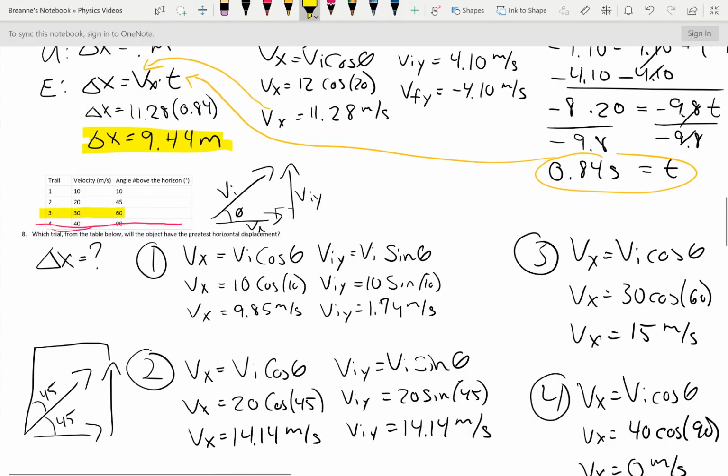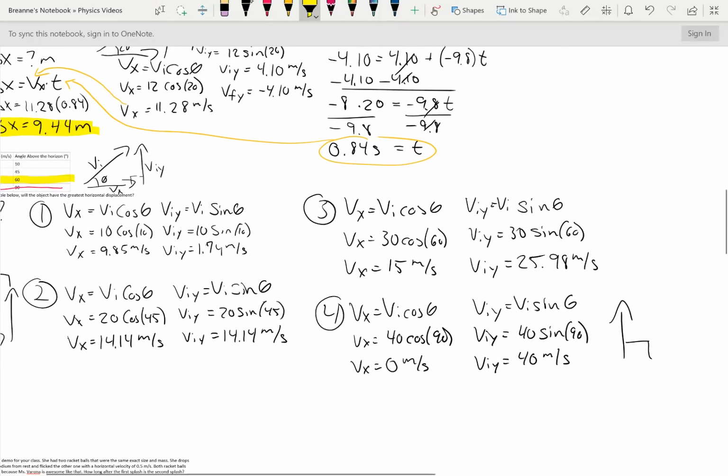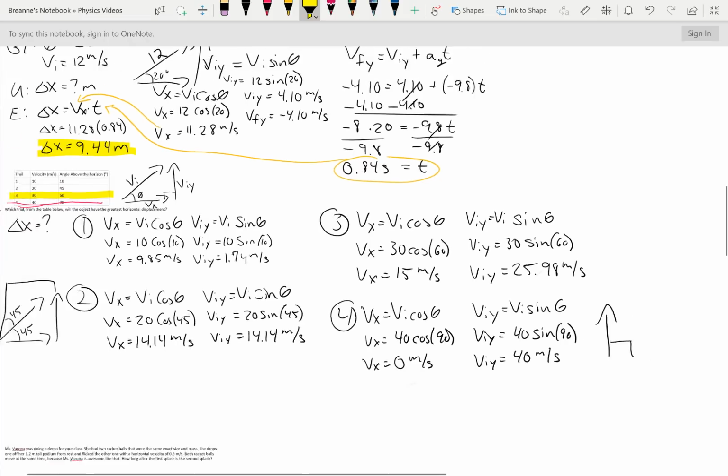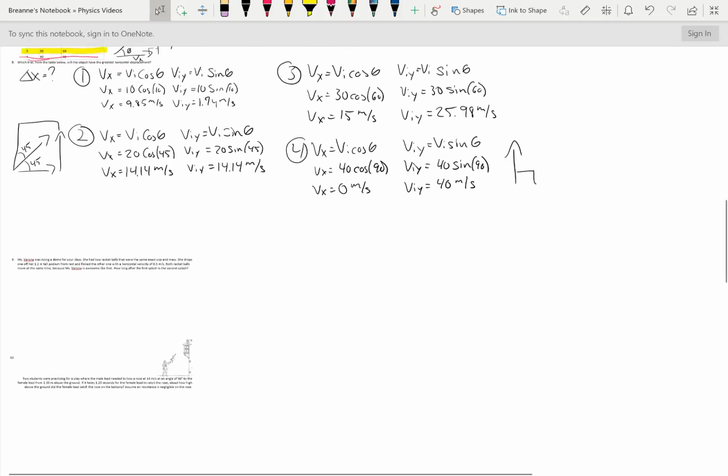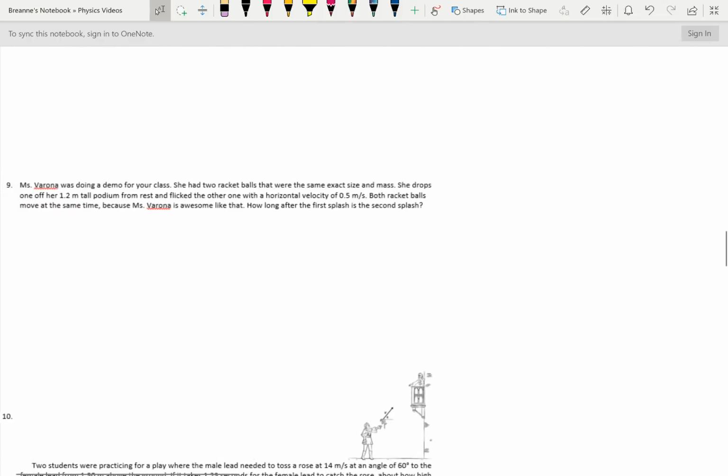Your answer is going to end up being number 3 because you're going to multiply 15 by however long it takes. You can solve for your 25 there. After you look at your bigger numbers, it'll end up being number 3. So there we go.